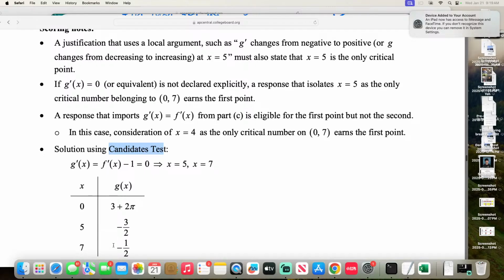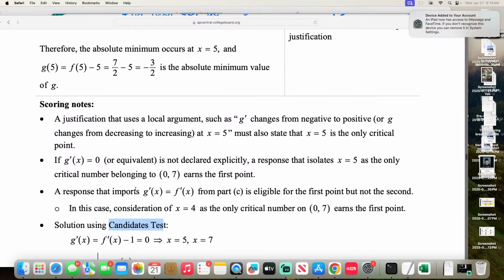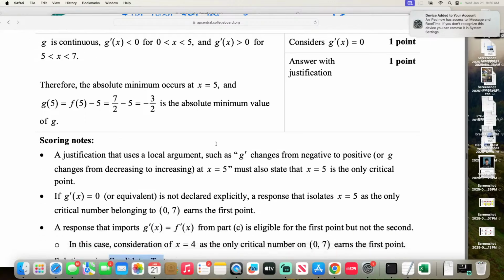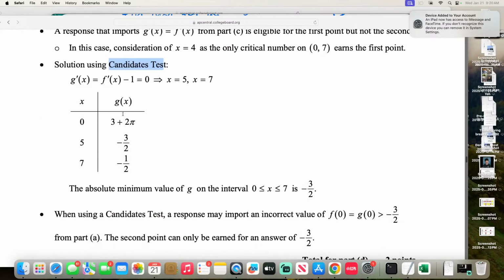I like the candidates test, even though it takes longer, because there's so much to write. Things like this, you have to write in such a way that it's kind of confusing. I always believe in math solutions. These are the best math solutions, because you can provide the evidence, and they can give you points.